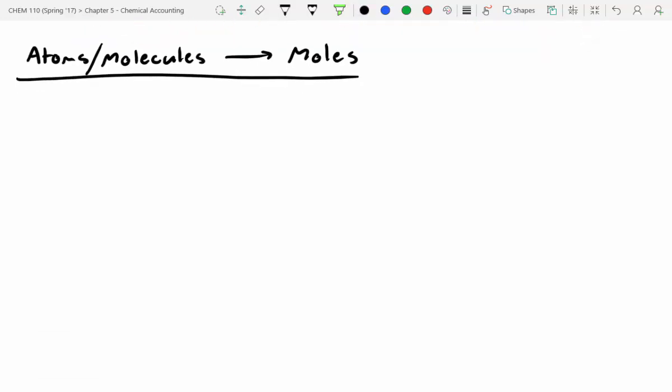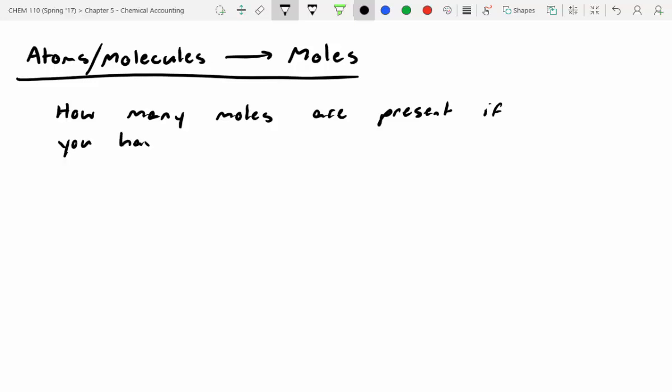Let's do how many moles are present if you have 3.46 times 10 to the 22nd atoms of calcium, Ca.